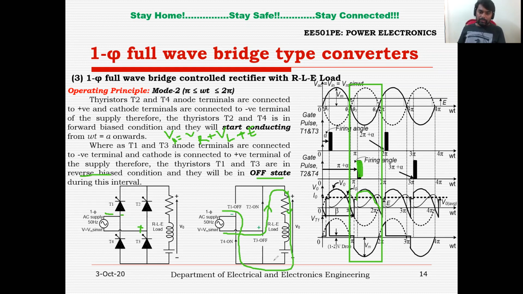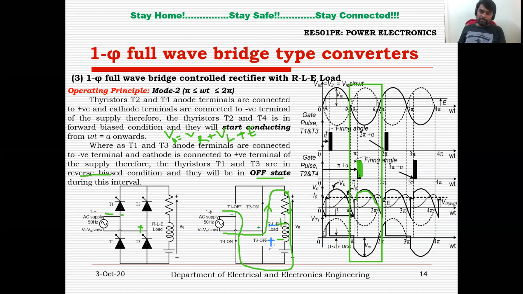Now, from omega t equal to pi plus alpha to 2 pi, the inductor is charging with this polarity, positive and negative. And after 2 pi, the inductor has to discharge. Before discharging the energy from the inductor, the inductor has to reverse its polarity. The polarity has become negative and positive now.